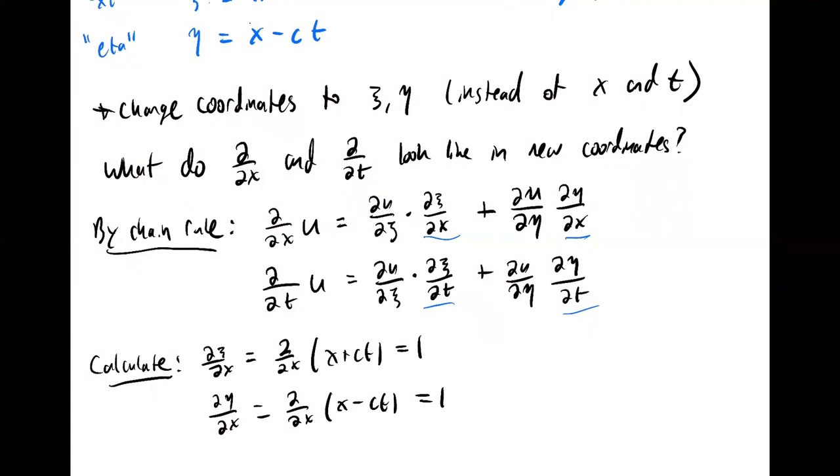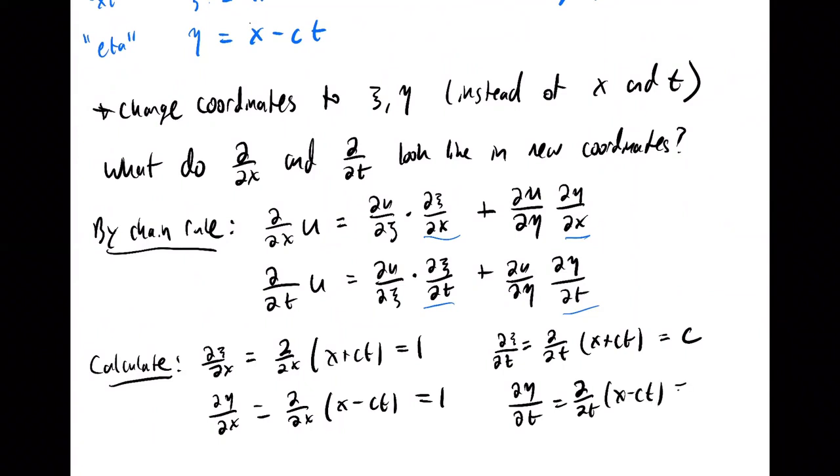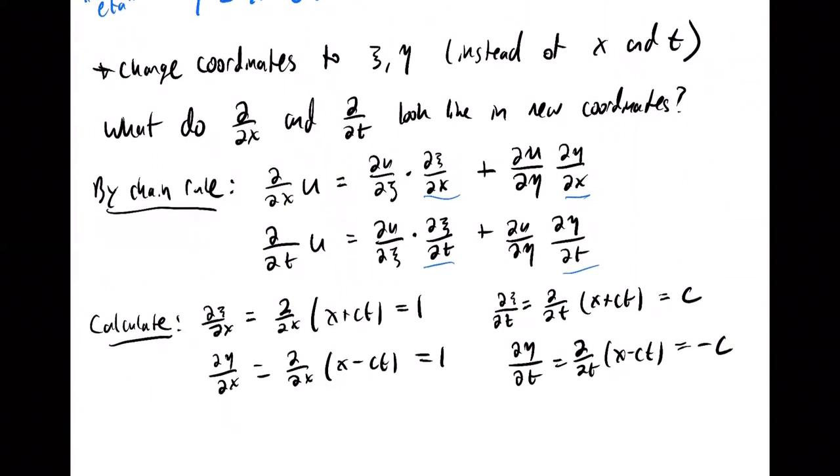And now we just need to look at the t derivatives. So the derivative with respect to t of xi is the derivative with respect to t of x plus c times t, which is c. And the derivative of eta with respect to t is d dt of x minus ct, which is minus c. Right? And so I can now plug these into what I got using the chain rule.